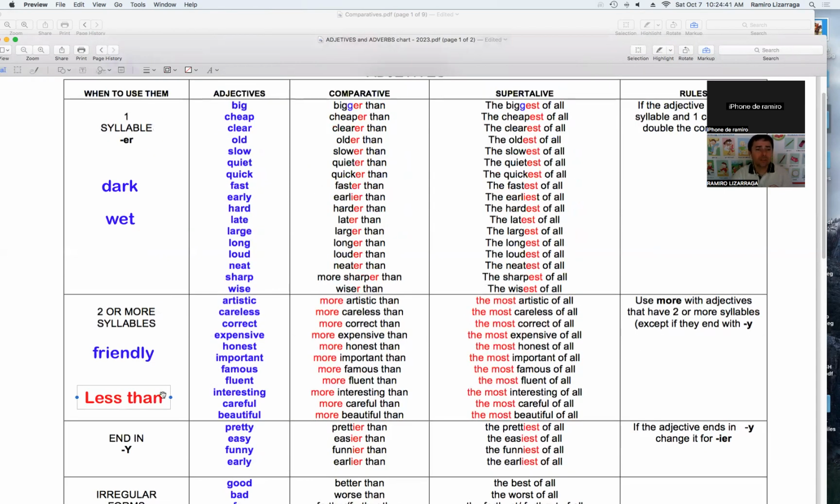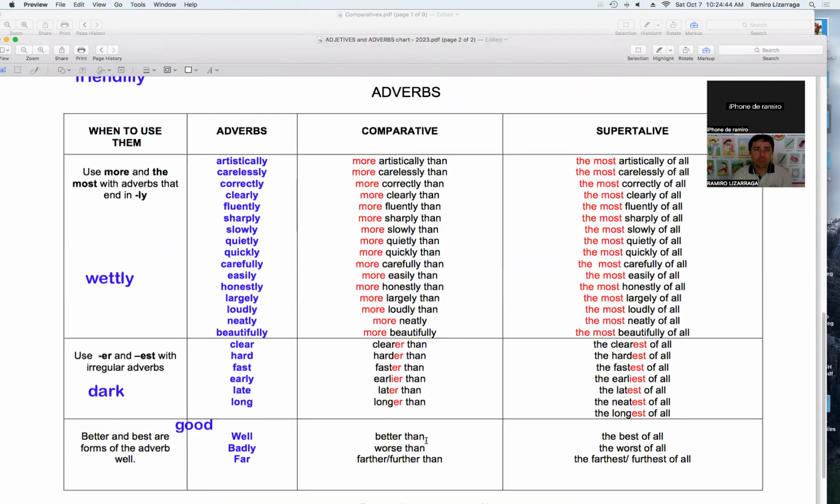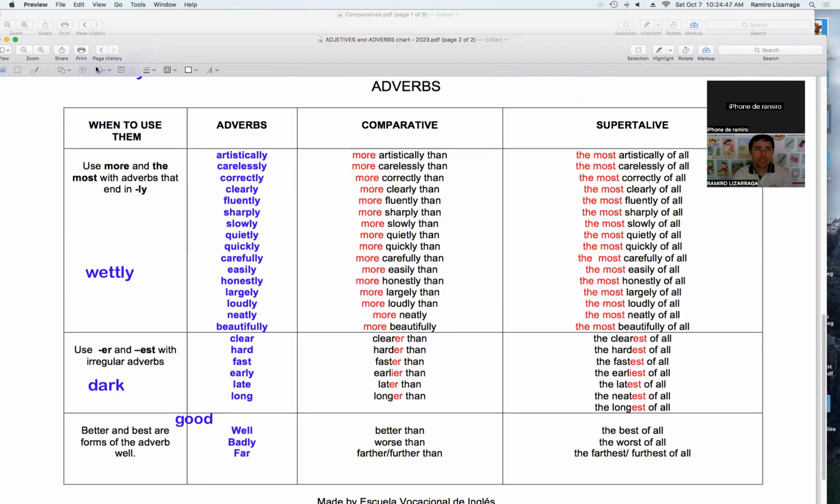In the case of the adverbs, less than we can use with artistically, yes. Less carelessly, yes, because these examples have more than two syllables. Sharply, slowly, quietly.